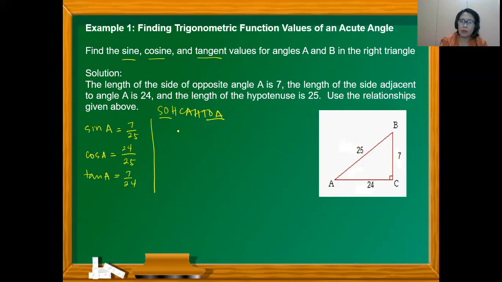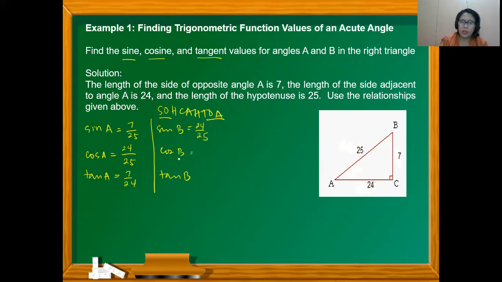So let's move on with B: sine B, cosine B, and then tangent B. Now, this will be our reference angle. And sine B is the opposite side of angle B over the hypotenuse. So this is 24 over 25.